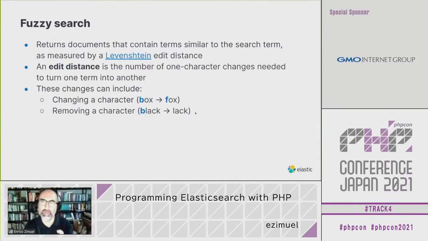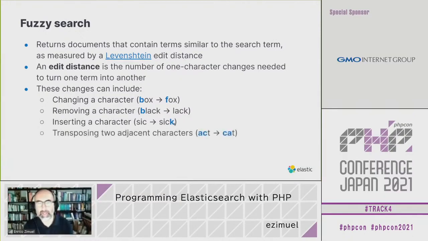So the distance between lack and black is again 1, because you have to remove one character to go from black to lack. Another example, insert a character. Imagine you have seek and seek with the key. Or another example, you just swap two adjacent characters, for instance, act and cat. This is also considered one edit distance from the definition of the Levenshtein.